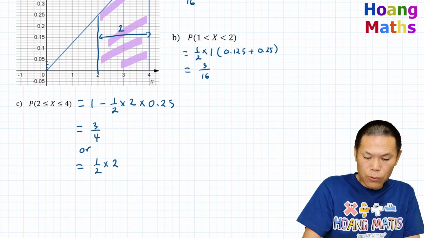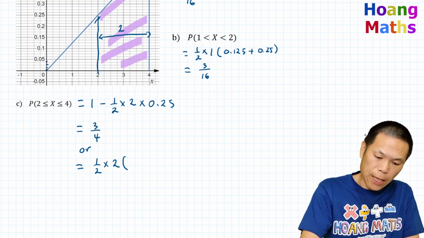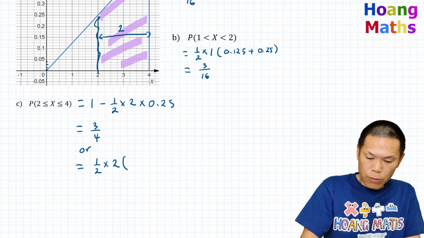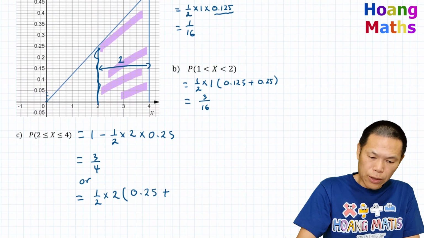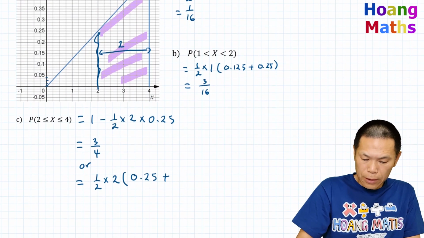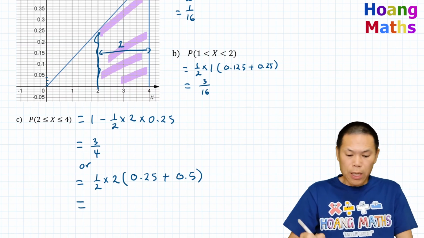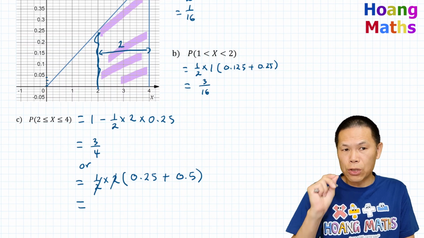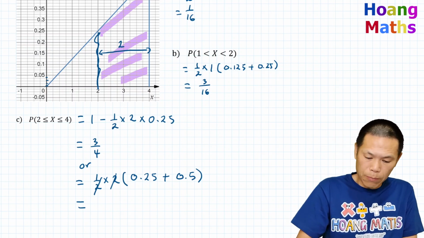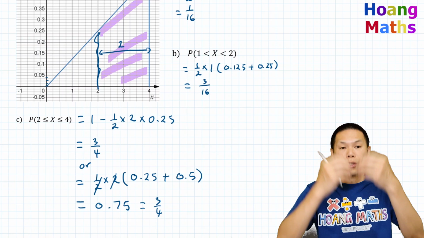So we just times by 2, and then we times by A plus B. A is this length here, that is 0.25, and we add the height of this, which is a half, 0.5. So 0.5 plus 0.25 is 0.75. Keep that in mind. So 0.75, that is 3/4. So there you go.